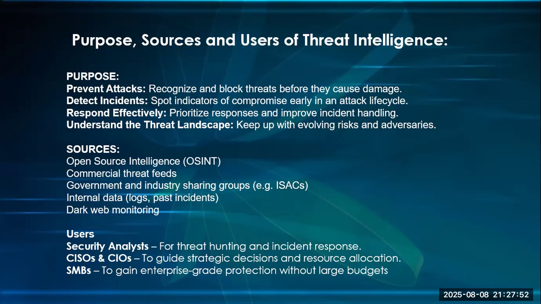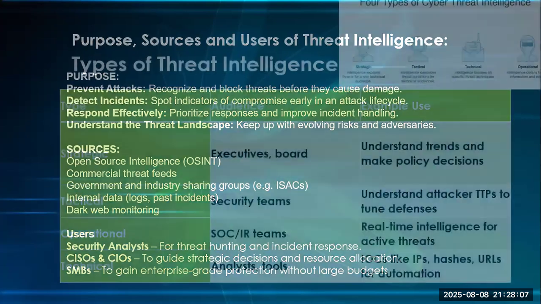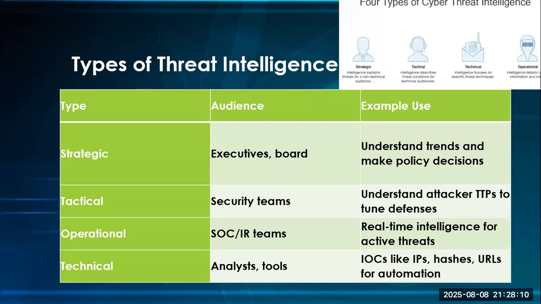They use it to guide decision making and resource allocation. Then we have the SMBs, that's small and medium businesses, to gain enterprise protection without large budgets. Those are also users of threat intelligence.